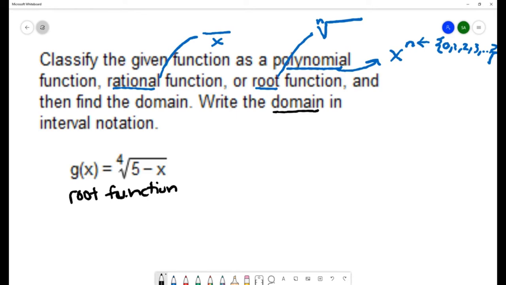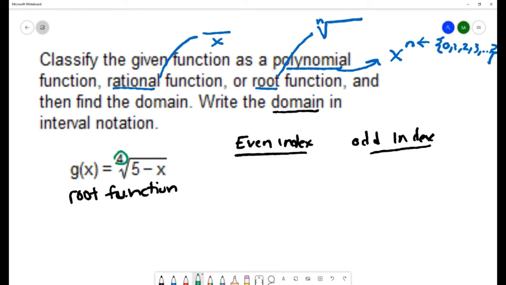We have roots that have an even index and roots that have an odd index. So the index is this number right here. In this particular example, our index is 4, and so we have an even index.